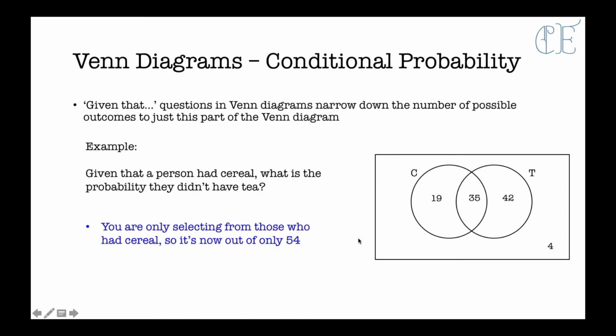Of these 54, 19 didn't have tea, because it says they only had cereal. So the answer must be 19 out of 54, because it says didn't have tea.